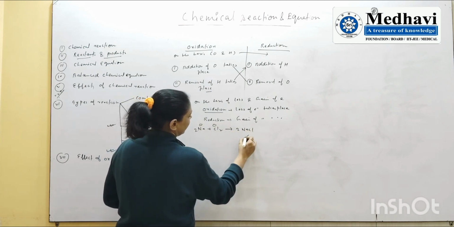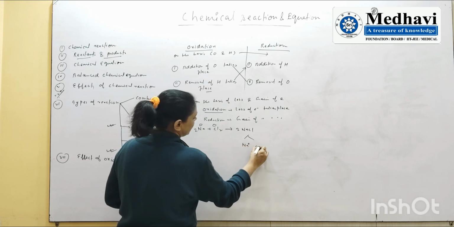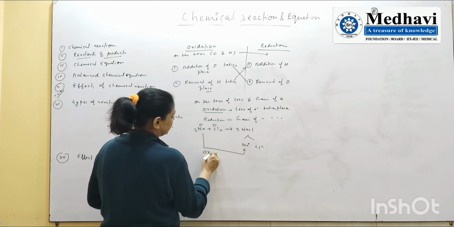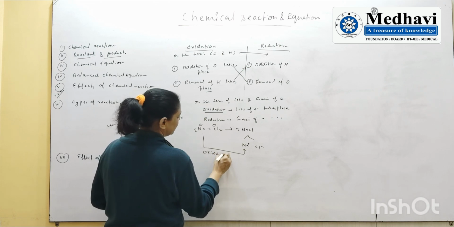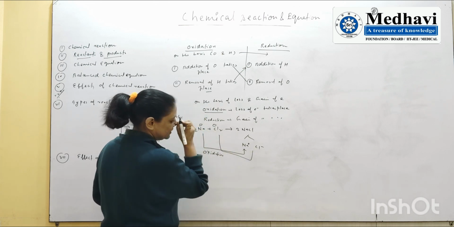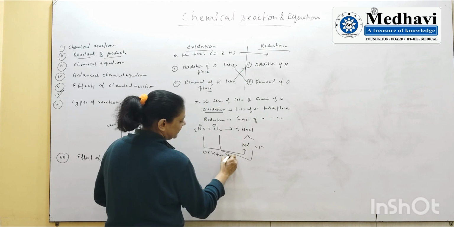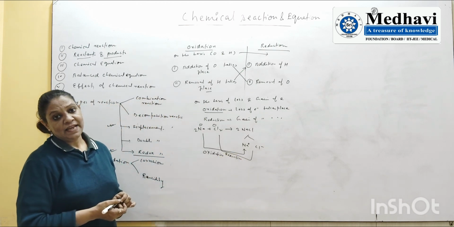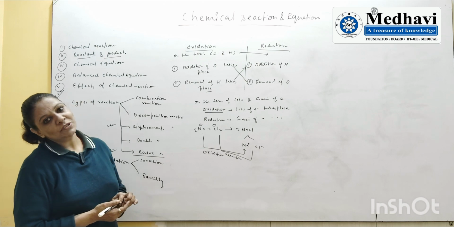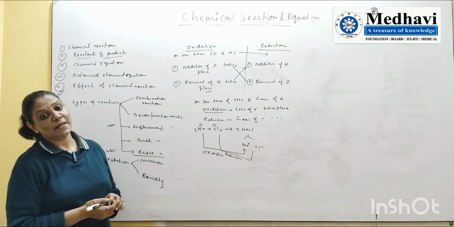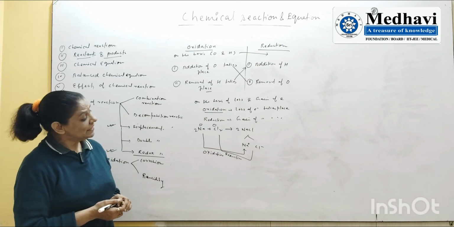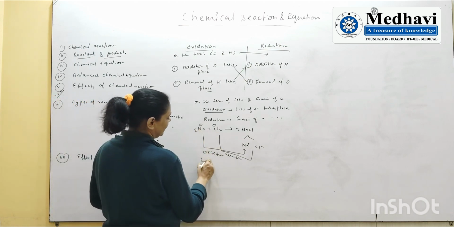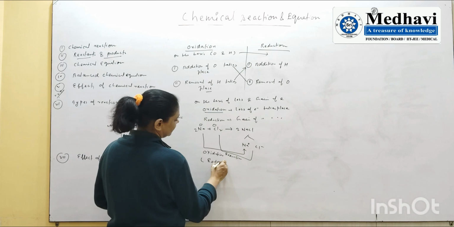Here, NaCl is present in the form of Na plus and Cl minus. Sodium turns to Na plus. There is a loss of electron, so it is oxidation. Cl turns to Cl minus. There is a gain of electron, that is called reduction. And as both the processes of oxidation and reduction take place simultaneously in an equation, that's why it is also called a redox reaction.